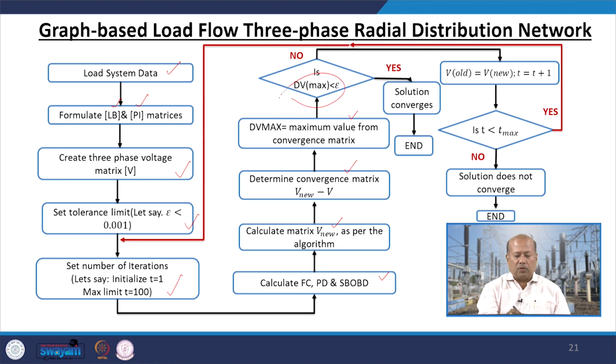If it belongs to epsilon, then you exit. If no, then update the voltage iteration. If it is no, then the solution does not converge. If it is yes, then you come to this method. If you closely observe, the algorithm across the board remains of a similar structure, excluding changes due to single phase to three phase and integration of DG, either PV type or PQ type.